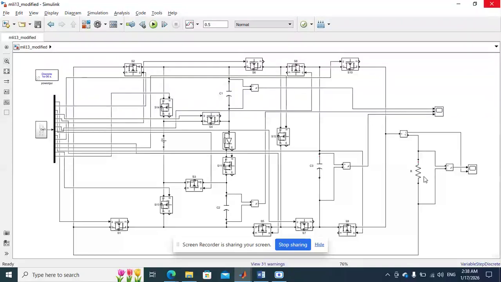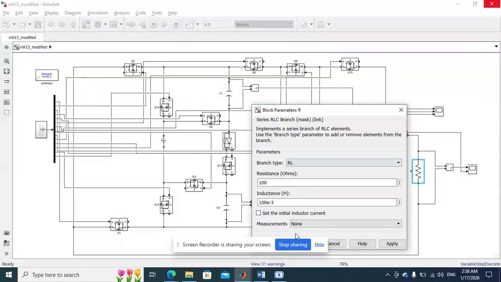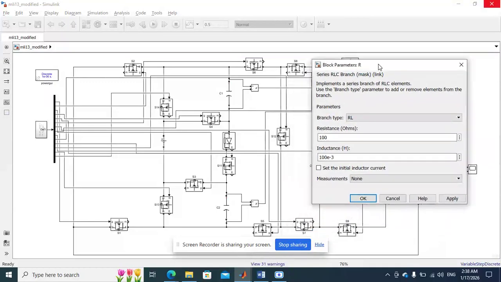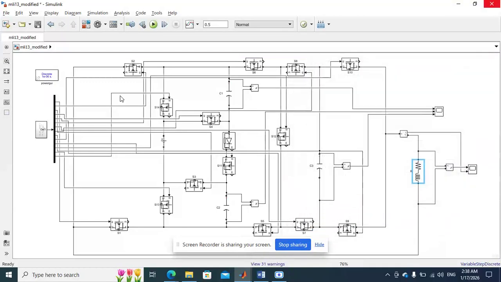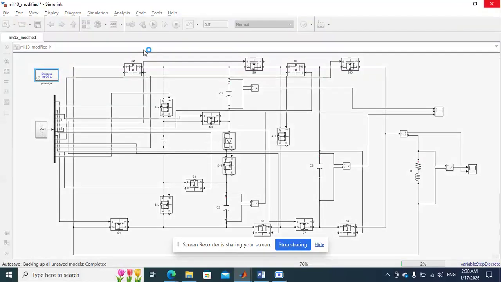And then we can change it to RL load and run the simulation.